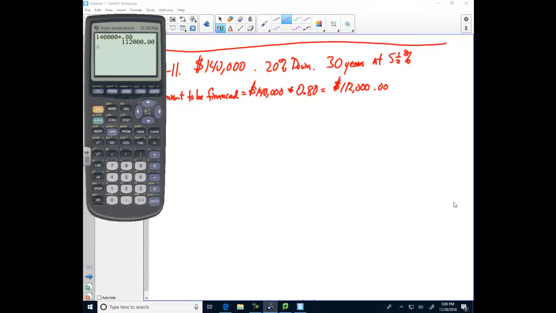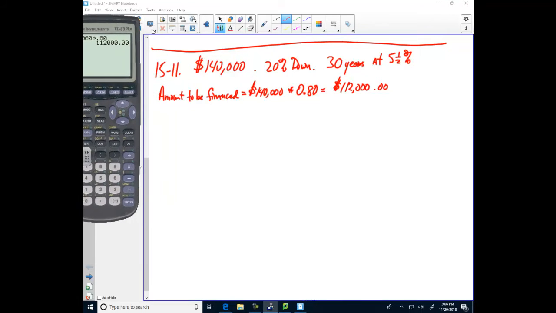Okay. Now, we're told back on page 375. What do we do next? We divide the amount financed by 1,000. So this is on page 375.